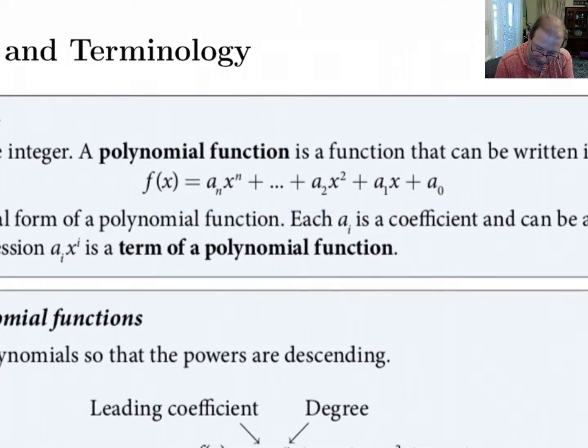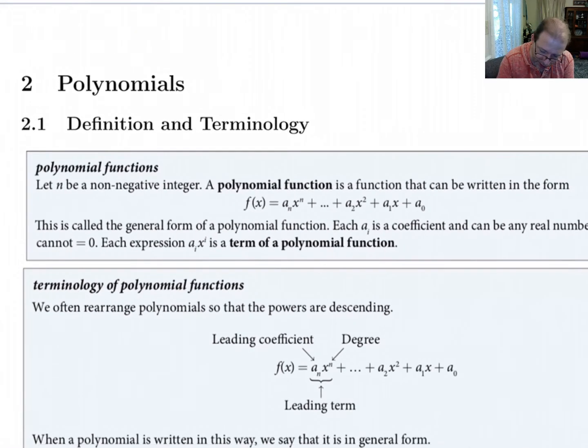If we start over here at this end, we've got a constant, which you can think of as being that times x to the 0. Then you've got something times x squared, and so on up to x to the n. Whatever that n value is, that's the largest power of x, your degree, and each one of these things is a term.